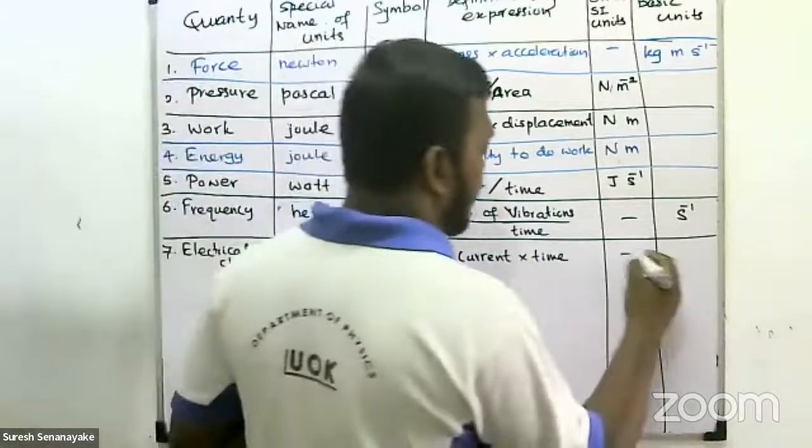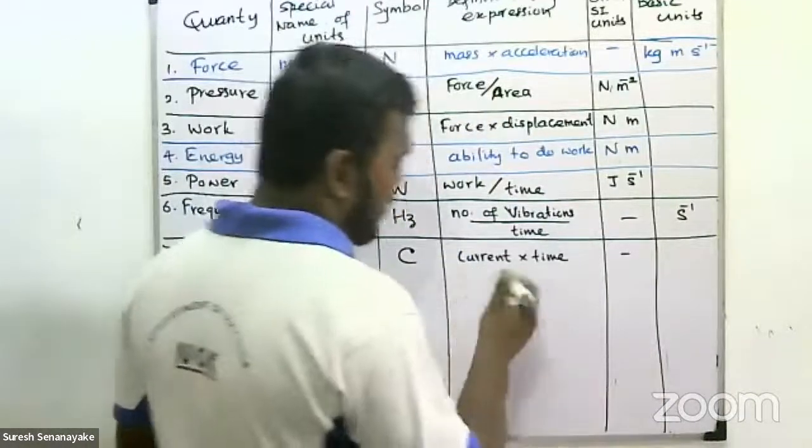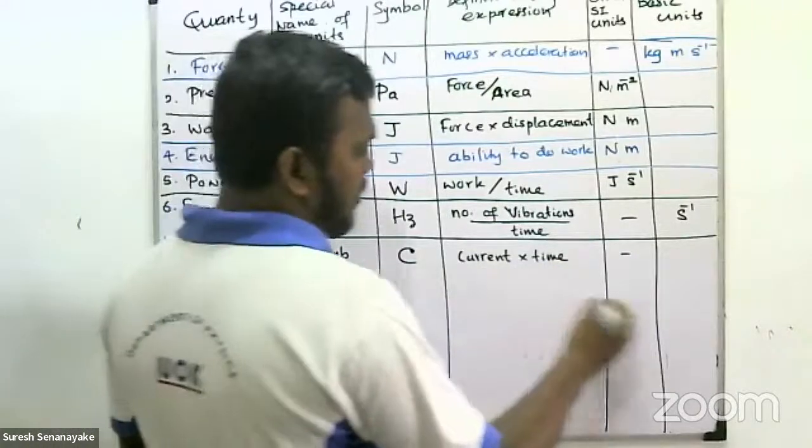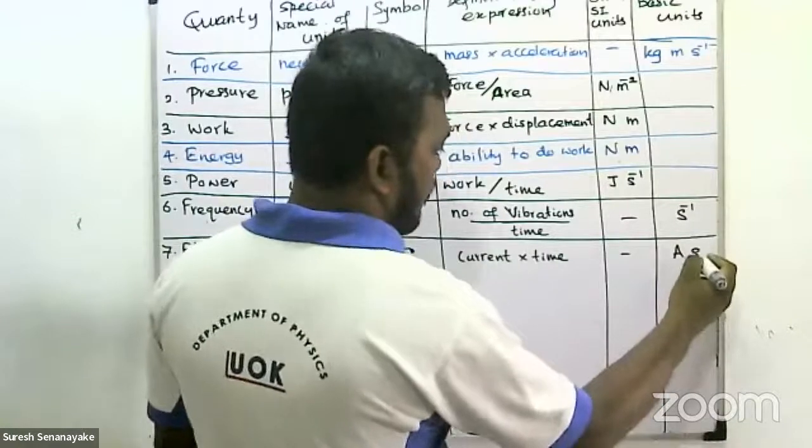No other special units; in the base unit system we can write it as current measured in ampere, time measured in second. So ampere second.